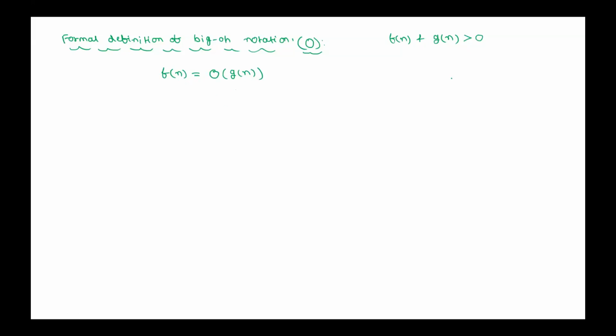So one side f of n, the other side we have g of n. f of n, its order of growth is n square. Whether it is 3 into n square or 4 into n square or 20 into n square, or plus whatever smaller terms, whether it is 50 into n square, does the constant of this n square matter? No. Similarly, g of n has some order of growth, say n cube.